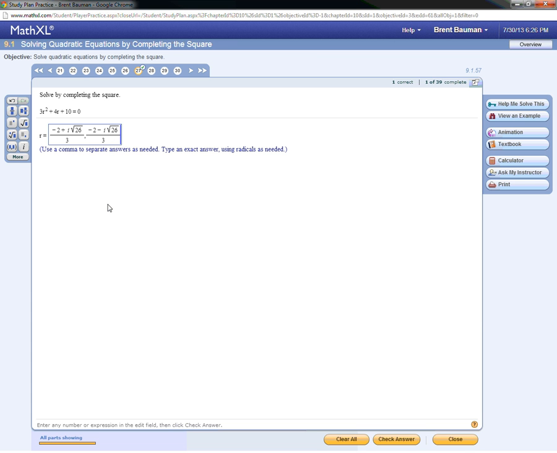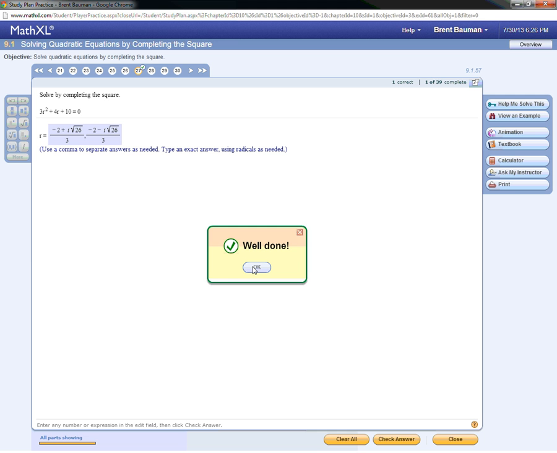We double check our answer that we have written down. Okay, this looks good. And we check our answer. Well done. Okay, so that's solving this quadratic using completing the square.